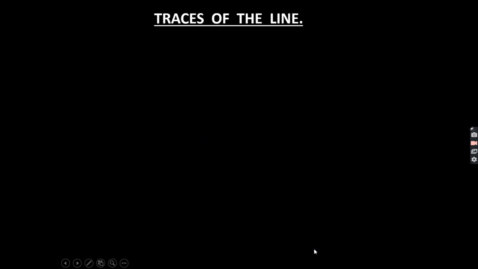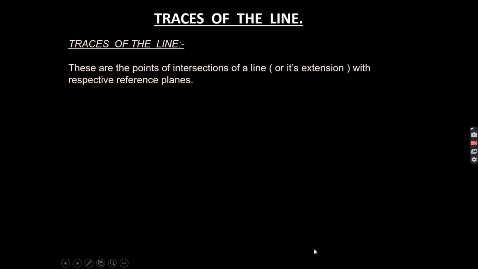So now moving to the traces of the line. So what is it? These are the points of intersection of a line or its extension with respect to the reference plane. Means if your line is inclined to the horizontal plane or vertical plane, and if you extend that line, then wherever it cuts the horizontal plane or vertical plane, that is the traces of the line.